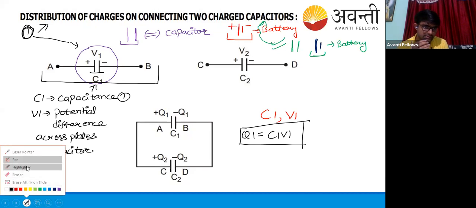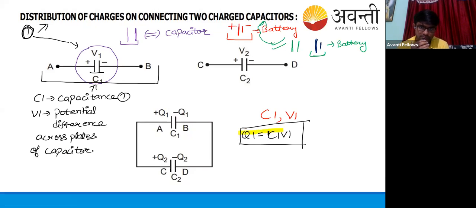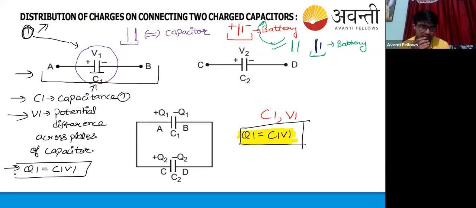Let me highlight it. We got three parameters from this conclusion. What are they? This is the first capacitor. It has capacitance C1, potential difference across the plates V1, and the charge is equal to C1 V1. Okay, students, so this is the first set.